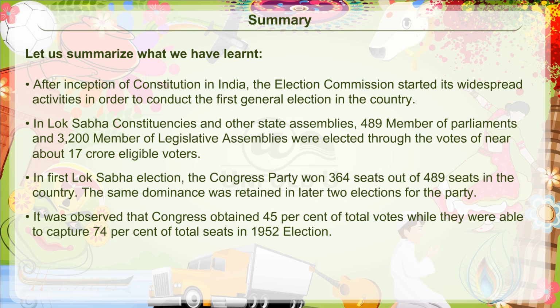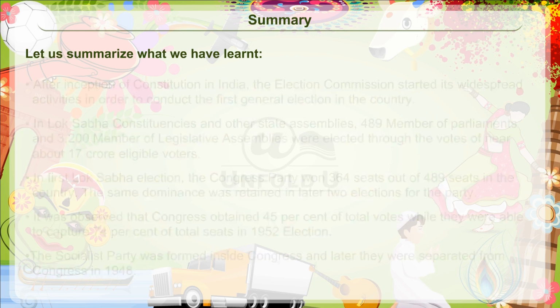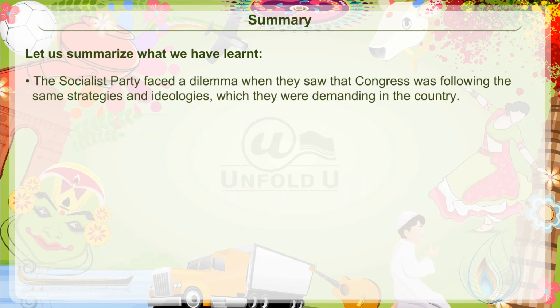The Socialist Party was formed inside Congress, and later separated from Congress in 1948. The Socialist Party faced a dilemma when they saw that Congress was following the same strategies and ideologies which they were demanding in the country.